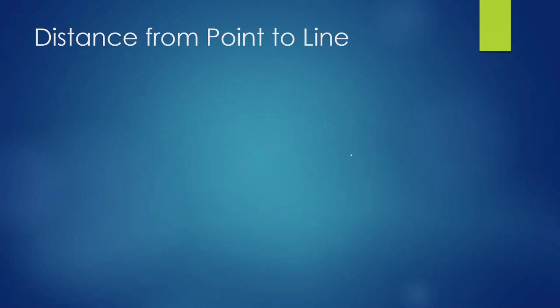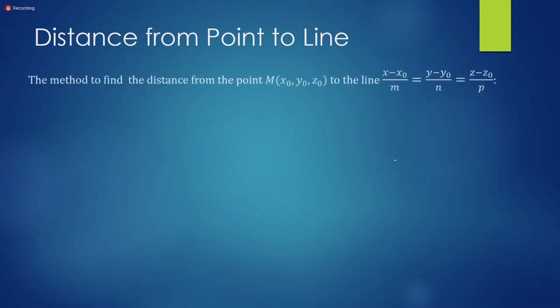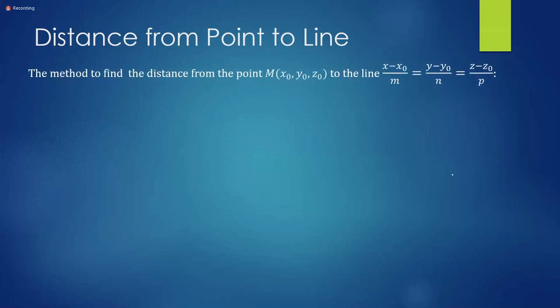So how to find the distance from a point, and this is again the same wrong thing. I forgot to correct. I'm very, very sorry. This will be point x1, y1, z1. Because this is not the same point x0, y0, z0.